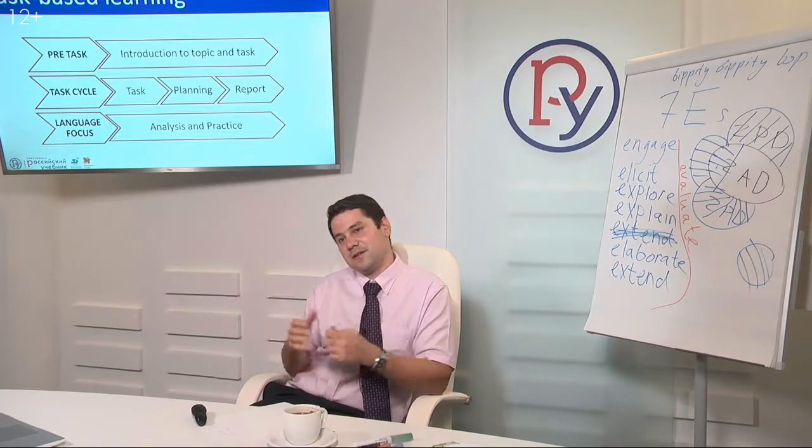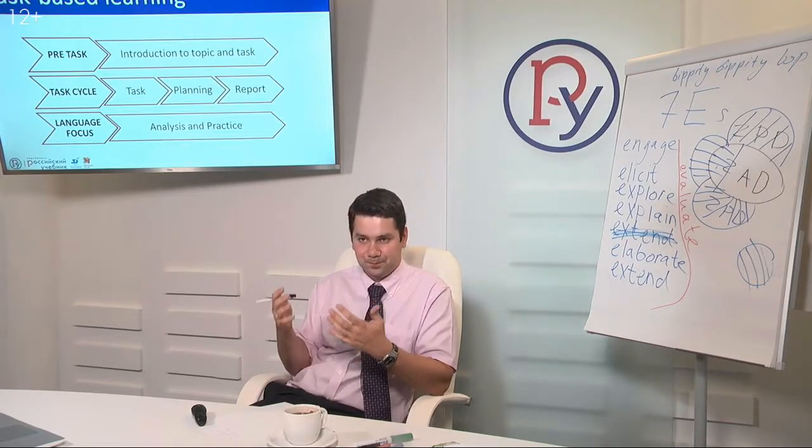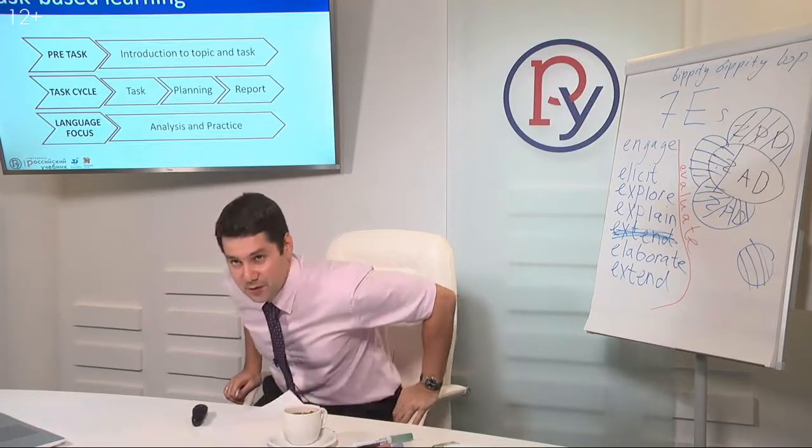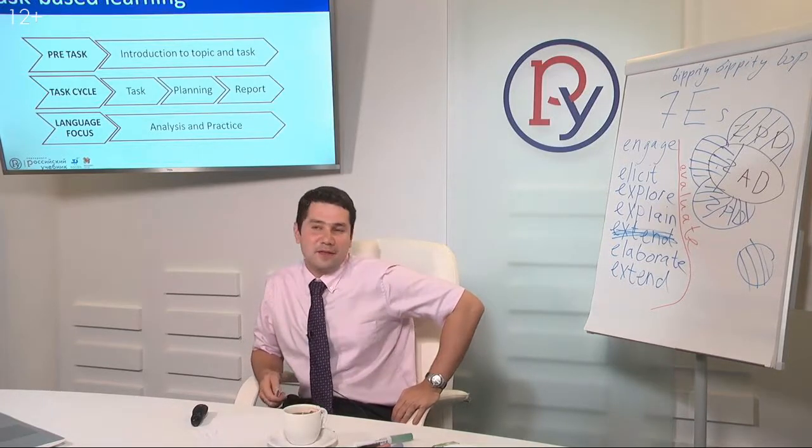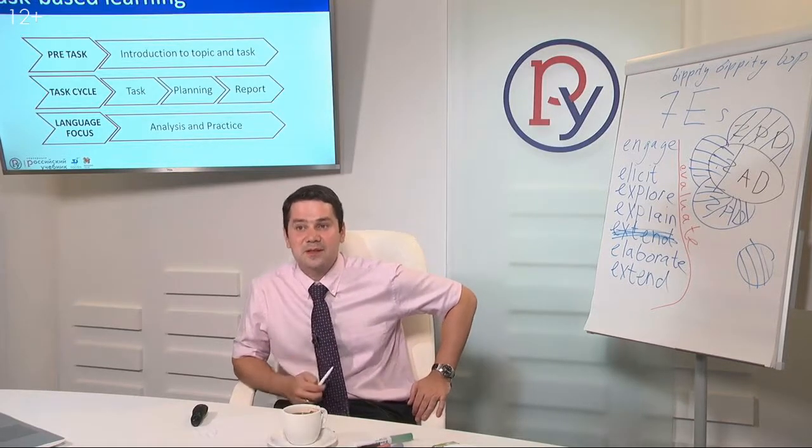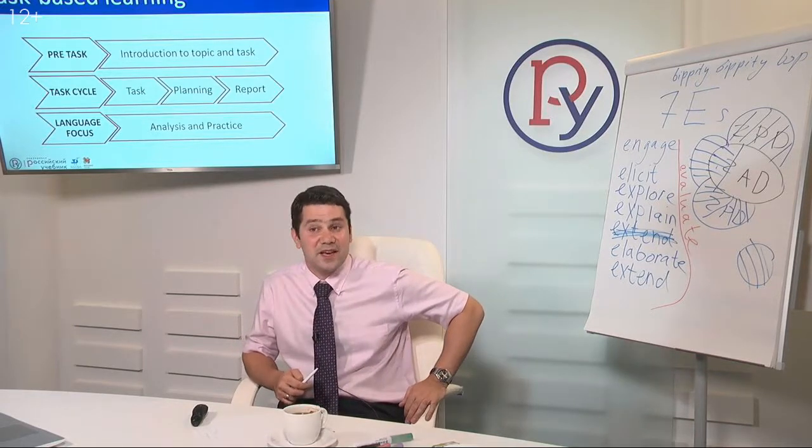And then you ask yourself a question, why do they write an email to an English-speaking friend? And there can be many reasons. For instance, they want to participate in an exchange program and visit that friend. So this gives you meaningful context for the task.